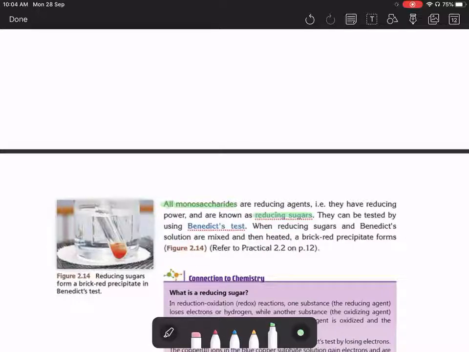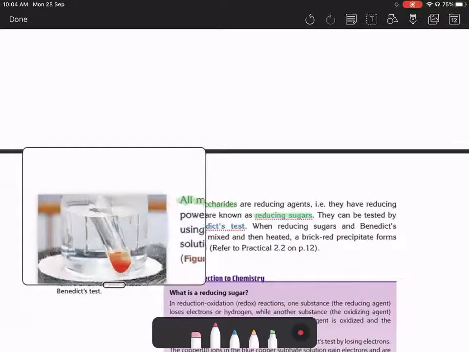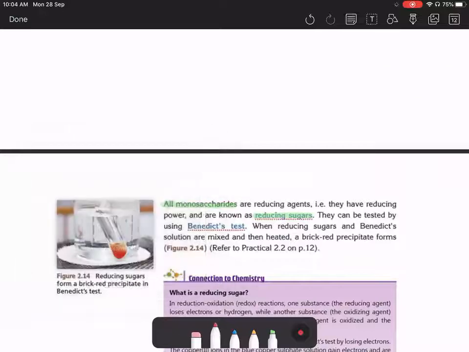Don't mix it with another English word, reduce. Reduce is similar to cut down or decrease something. No, it's not that meaning. In chemistry, the chemistry teachers will teach you what reduce means in your Form 5. So you are just Form 3 and you are now studying biology.